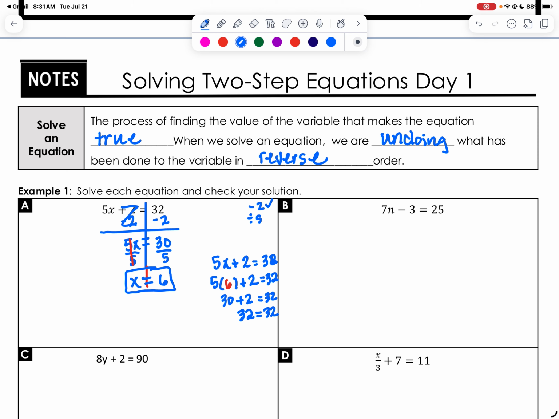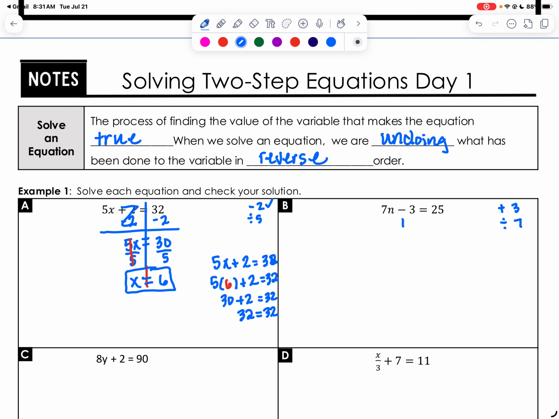All right. In problem B, we have 7n minus 3 is equal to 25. So let's talk about what's being done to the variable n. In this problem, they're multiplying n by 7, and then they're subtracting 3. So I want to undo that in the reverse order. So I would add 3 and divide by 7.